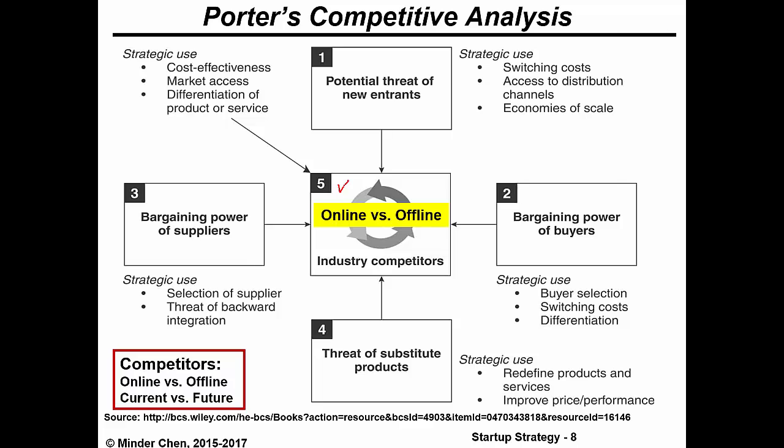And among the existing competitors, you need to look at whether they're online or offline. Are they just pure online players, or do they use the physical channel to sell their products and services? That's the offline competitor. As a startup company, you definitely want to study your competitors. So when you're asked who your competitors are, you should be able to name some.